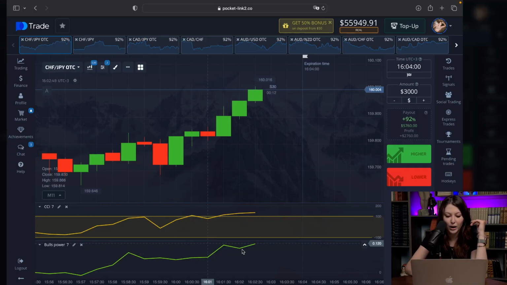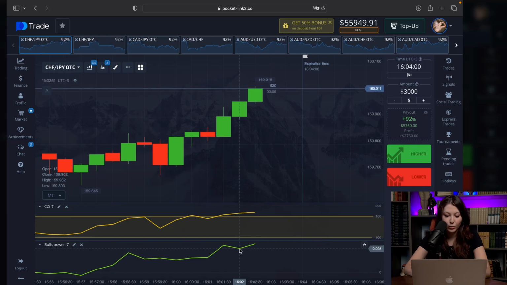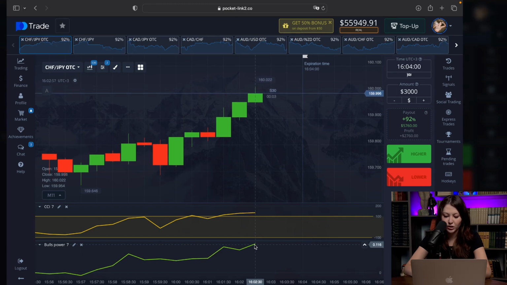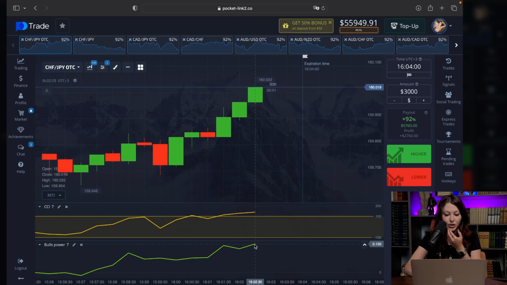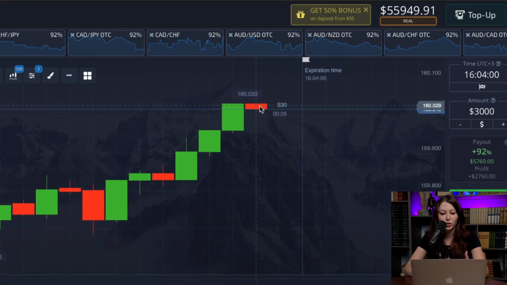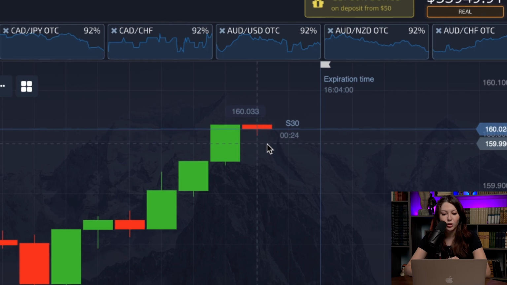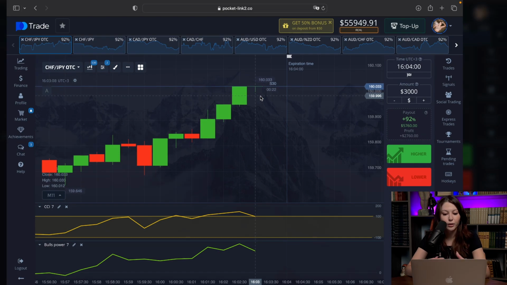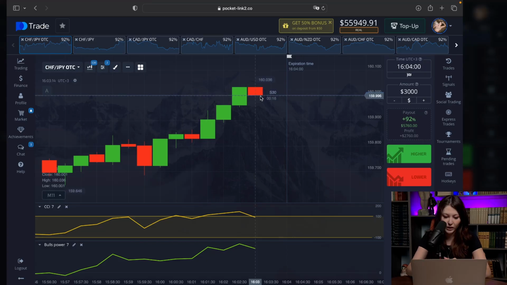Also on the Bulls Power, we had the breaking line moment. And also we have here the topmost moment. You see it's near 1 already. So it's 0.116 here. So we can have a moment to put a trade, and you see it's already going red. It's already going in the positive direction if we put the trade to the lower side.